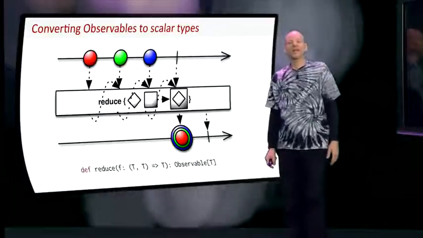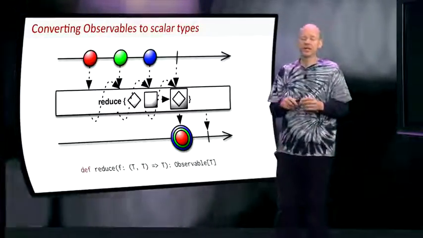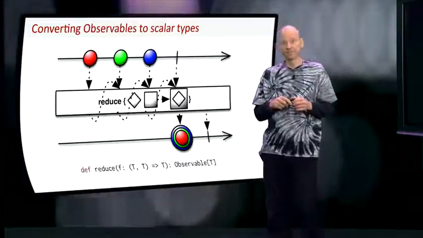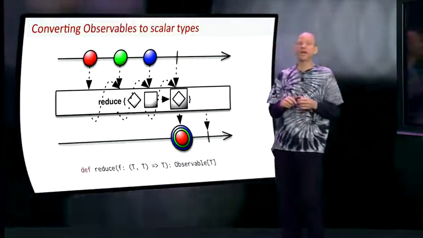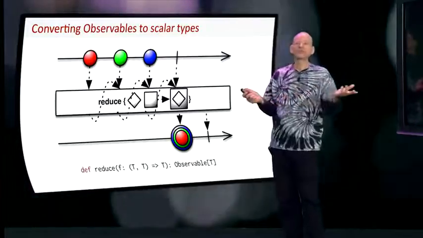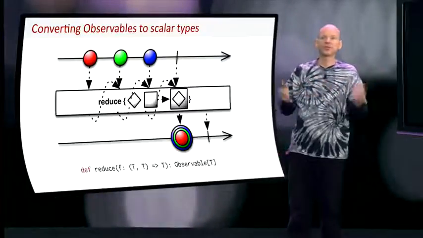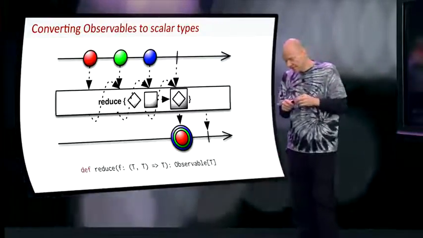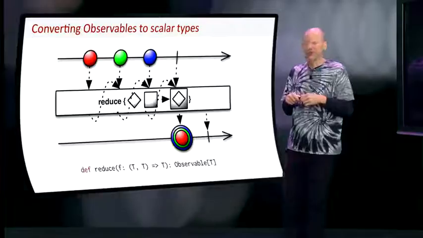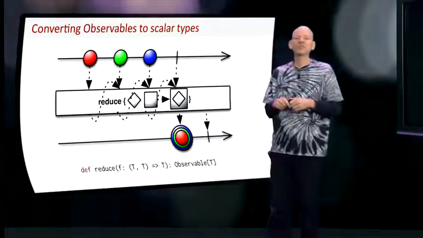Okay, the next thing is some of the higher order operators that are available on iterable as well. And you might have questioned where's reduce, where's fold left and fold right. The thing is, again, if you're in an asynchronous world, reducing a value to a scalar type doesn't make a lot of sense.